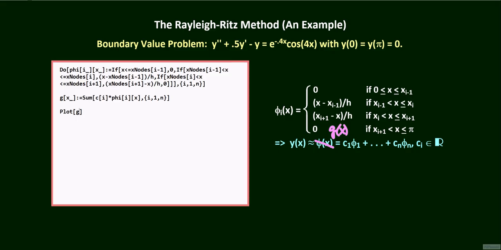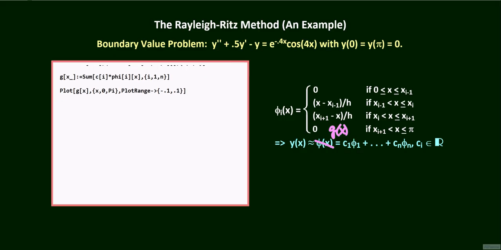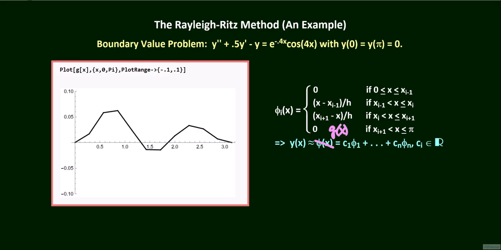We plot the graph of g for x between 0 and pi. We also specify the plot range to be between minus 0.1 and 0.1. We execute all the lines of code and obtain the polygonal graph of the approximate solution that is a piecewise continuous function.